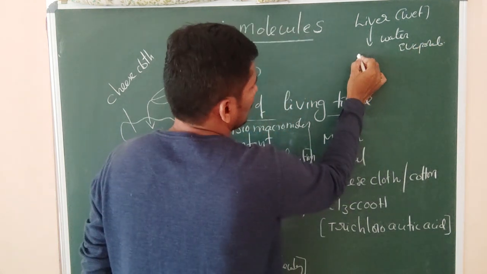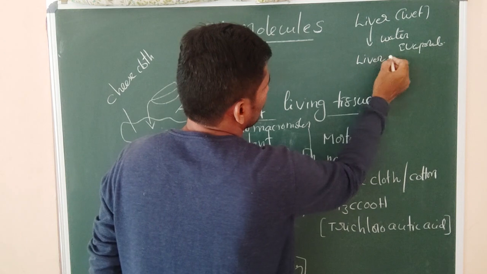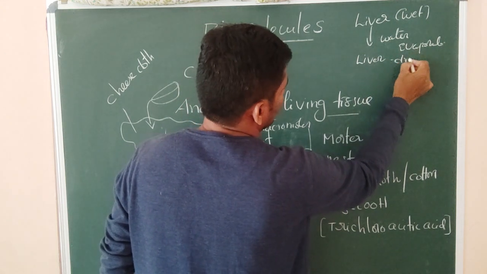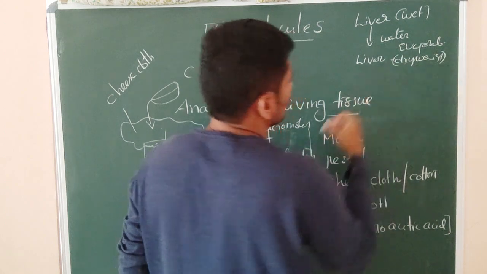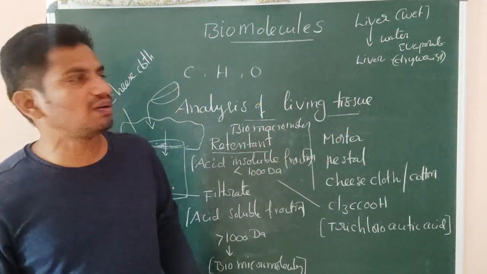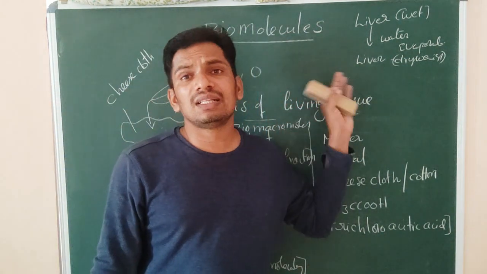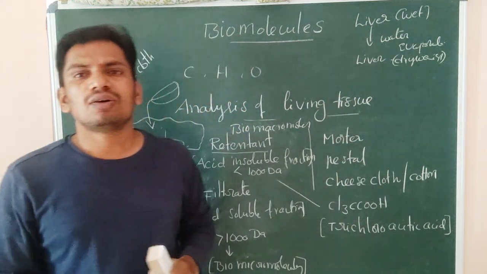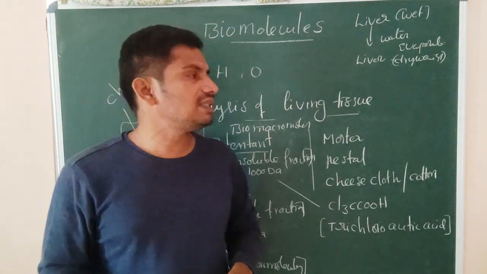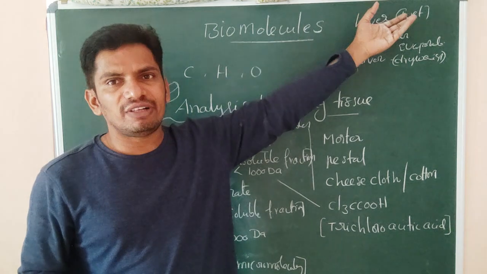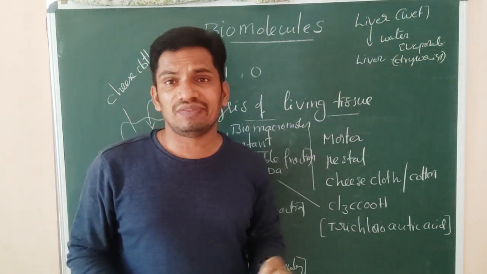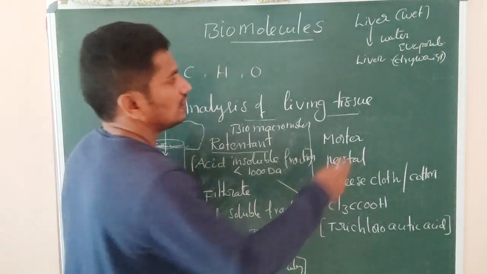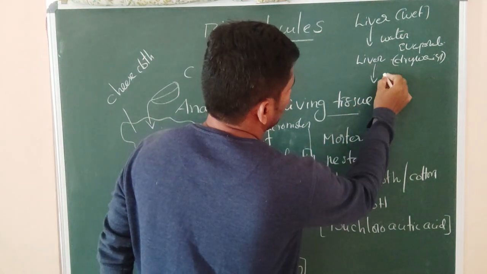Then we get the dry weight. The liver tissue or the plant tissue, whatever it is, no problem. That is how we obtain the inorganic components and elements. You take the liver with the wet weight, then evaporate it and dry it to get the dry weight. Then this should be completely burnt.